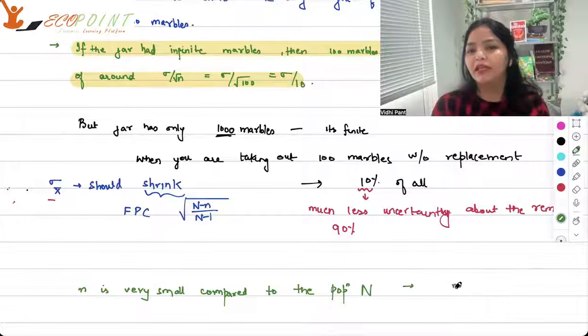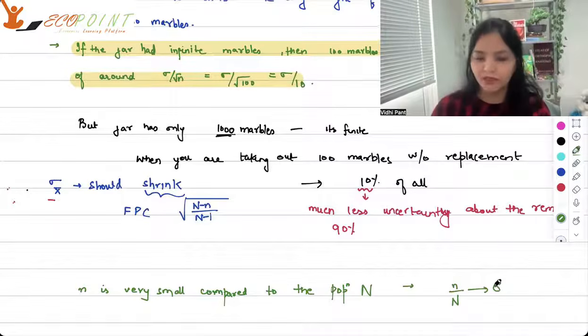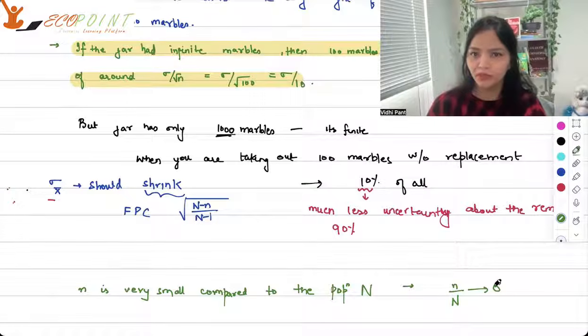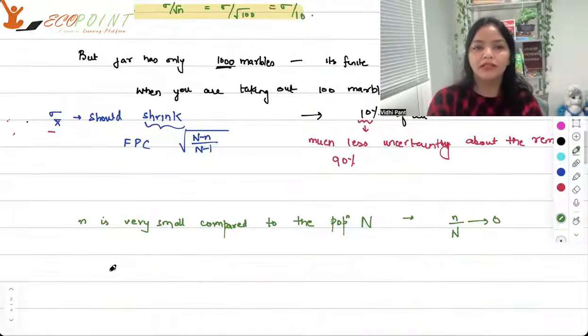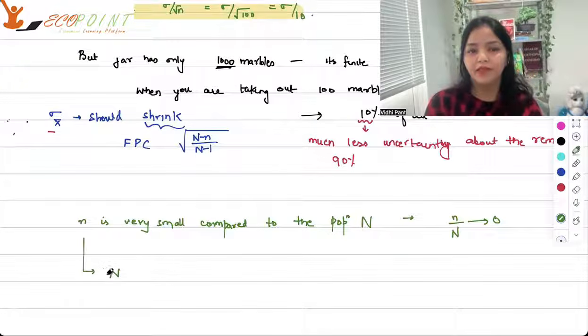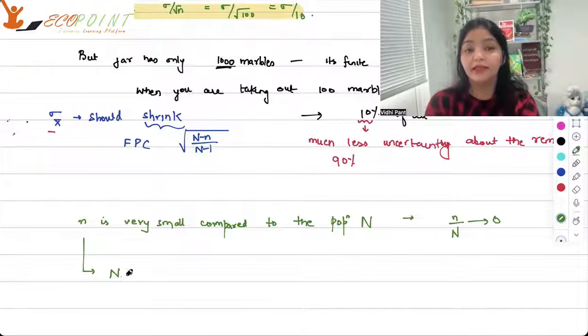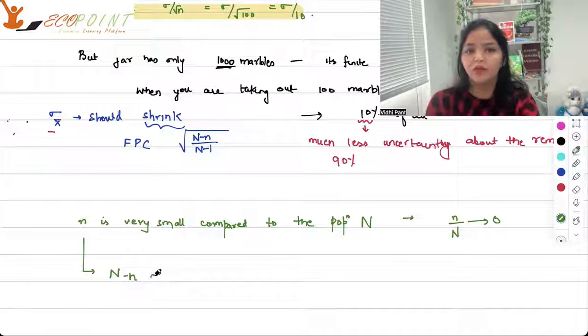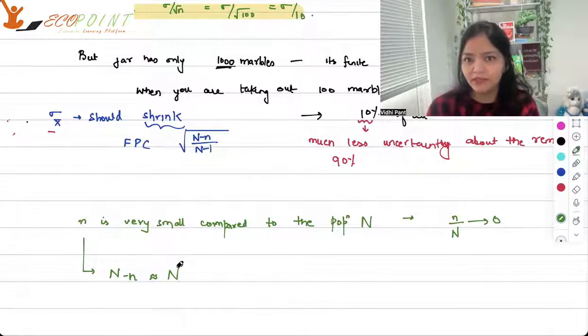That would mean n upon N is almost minuscule, tending towards almost 0, right? Now in this case, N minus n would almost be N only, because n is very small in comparison to capital N.